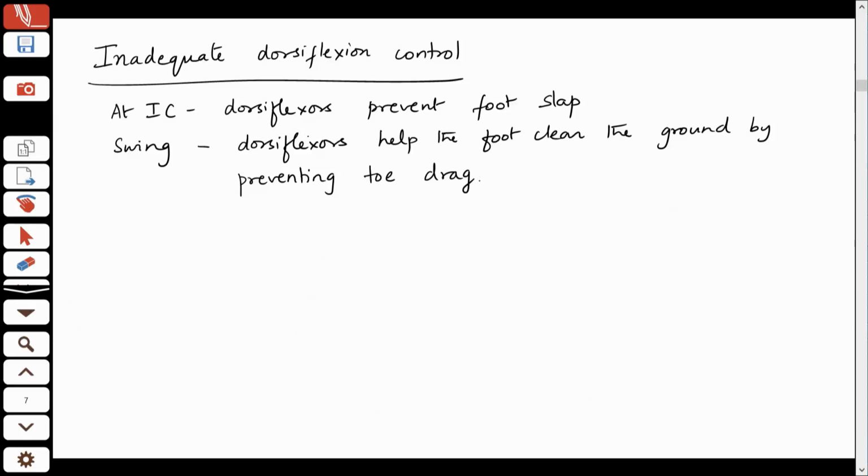So, we saw that inadequate dorsiflexion control could be a case for your functional leg length discrepancy, right, because in swing it will not be shortened enough. So, the person may adopt some kind of gait compensation to achieve a smooth swing phase.